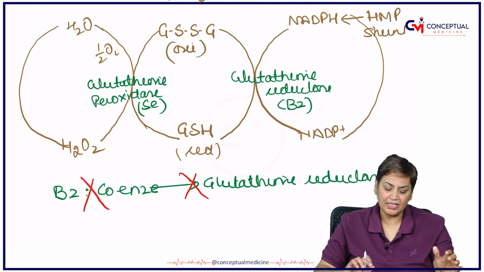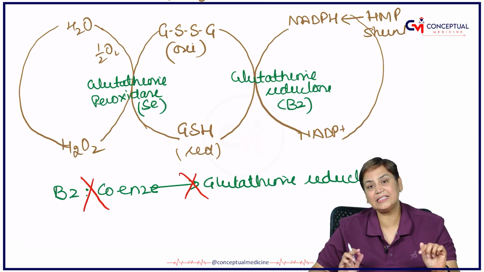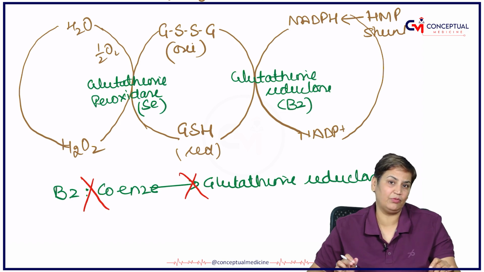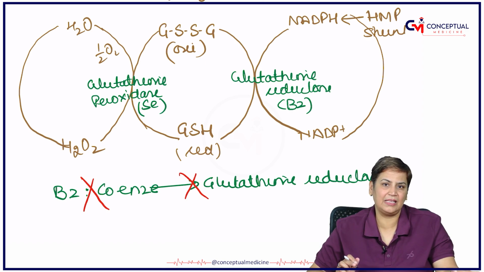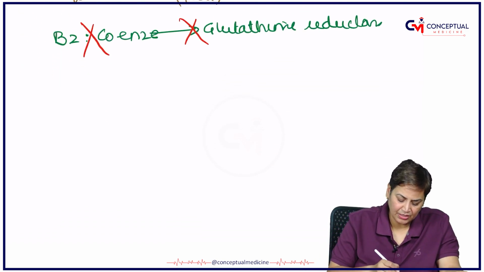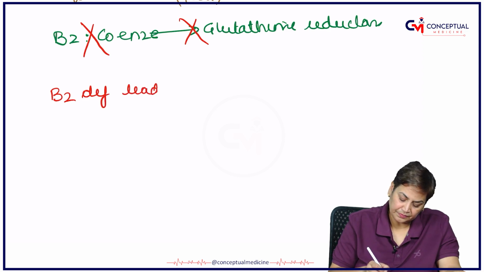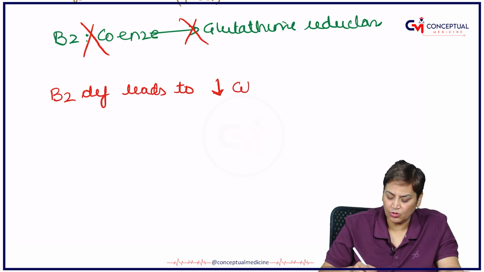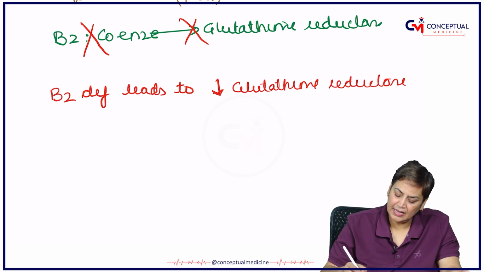Whenever we check the activity of glutathione reductase in RBCs, if a person is deficient in riboflavin, the activity will be decreased. As simple as that. So B2 deficiency leads to decreased activity of glutathione reductase in RBCs.